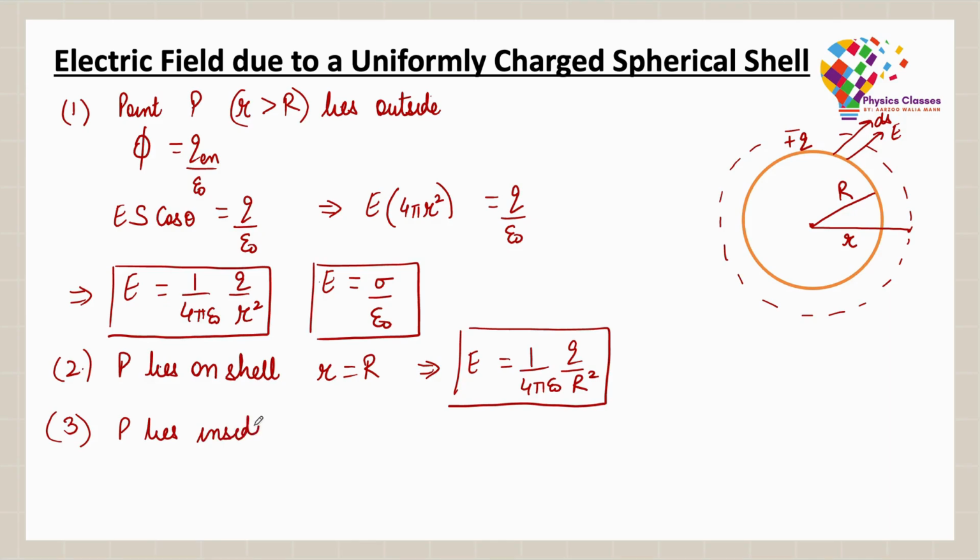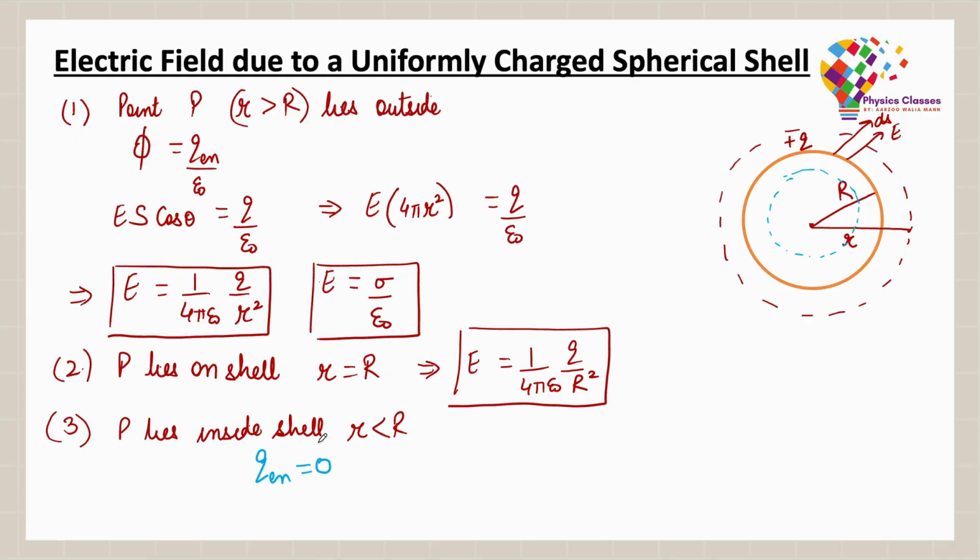Now for inside the shell, my r would be less than the capital R. So in this situation, if I assume a Gaussian surface inside it of radius small r, I will have to follow the same procedure, but by default I can tell you that the charge enclosed inside this blue shell is 0 because the charge lies on the surface of the shell.